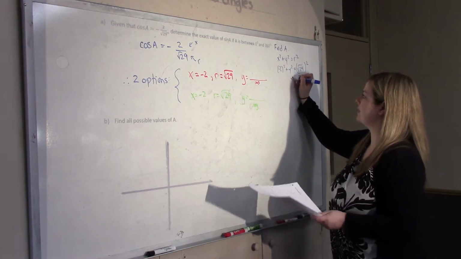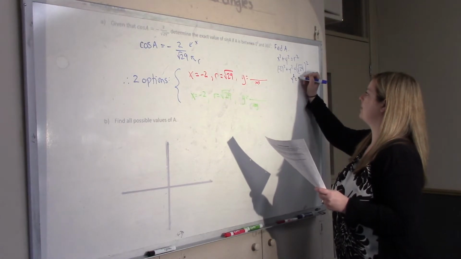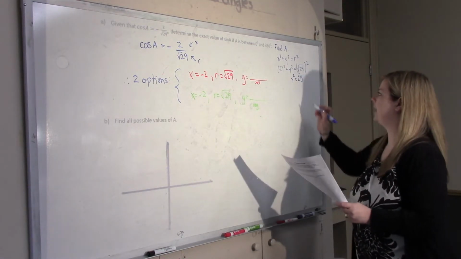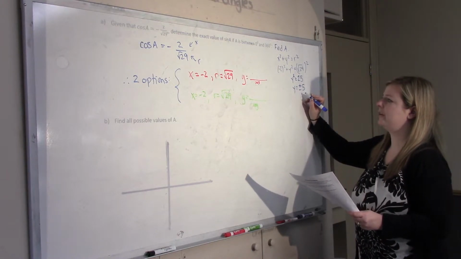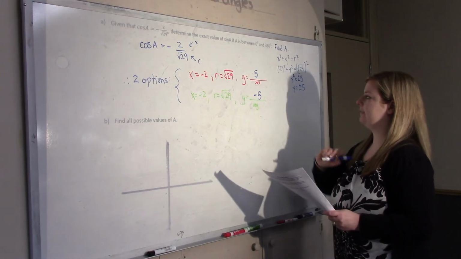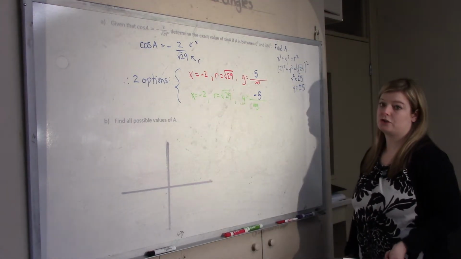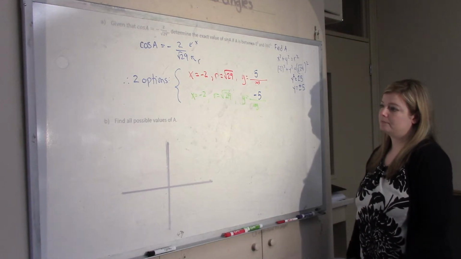So you rearrange this and you get that y squared is equal to 25. So that means that y could be equal to positive or negative 5. Either one of those is true based on the information that we were given about cosine of A.